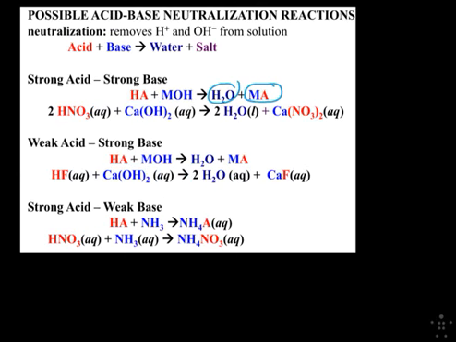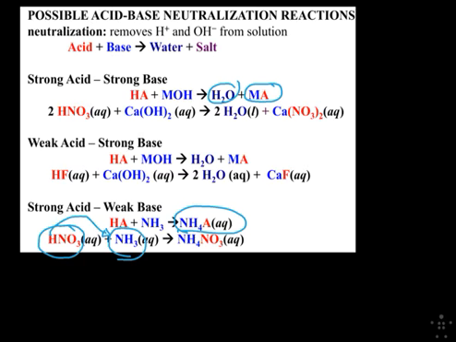And luckily we have the same sort of simple type of reaction for a strong acid with a weak base. The thing is going to go all the way to completion. So in this case we've got HNO3, that's our strong acid. Our weak base is NH3. In this case, the NH3 is going to take that proton and become NH4+. So we've got our salt, but it doesn't make any extra water. There's nothing there to make extra water with because there's no extra hydroxide around.